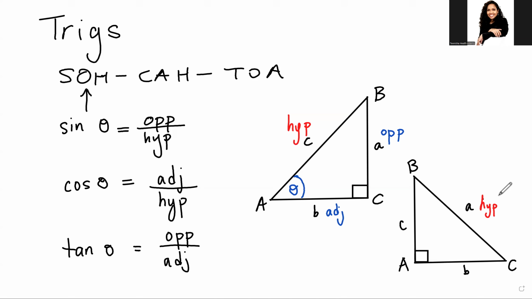But in this one, if I were to put my angle of reference up here instead, so theta, my angle of reference is at B, then the side opposite that will be my opposite side. And then the third side will just be my adjacent side, right? So that's how you name the sides in your right angle triangle. And it is important to be able to do that, because if you label the triangle incorrectly, you're going to end up using the wrong ratio.